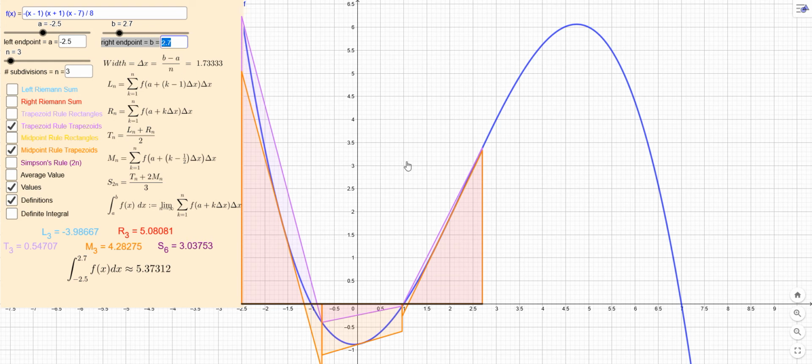A concave up piece like here, the trapezoid rule is over, and the midpoint is under. So they're actually backwards from each other.